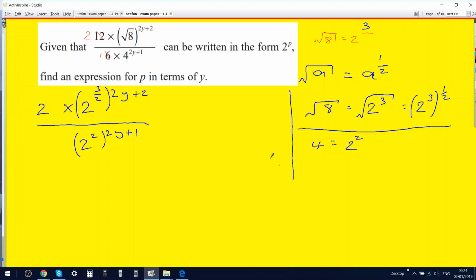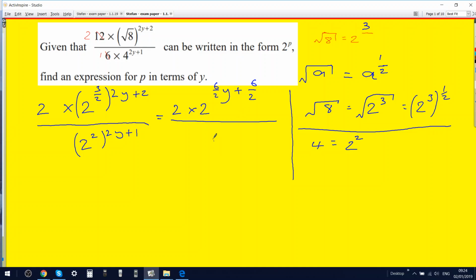So for the first bit, where it's 3 over 2 times 2y plus 2, is that 6 over 2y plus 6 over 2?